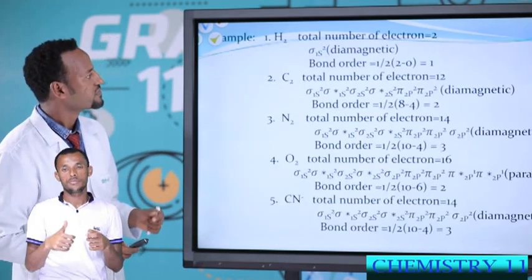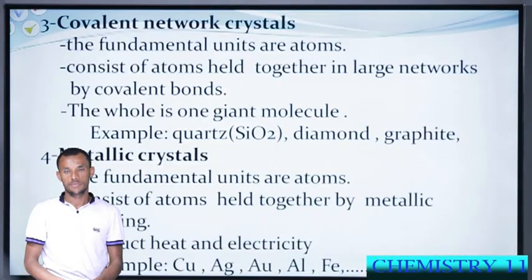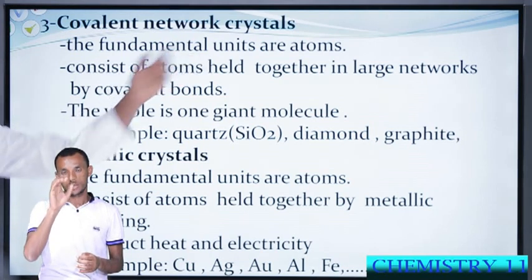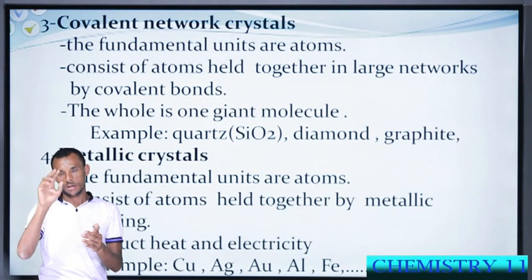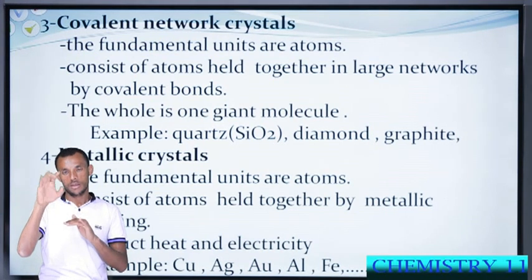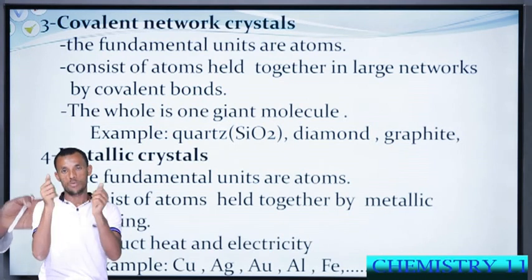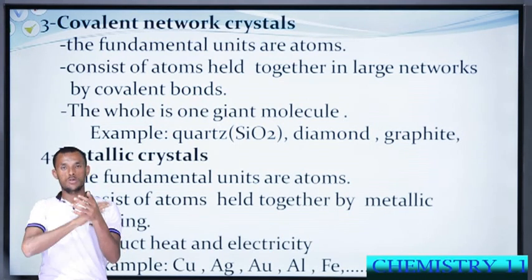The other one is covalent network crystal. In covalent network crystal, the fundamental units are atoms. For example, graphite, diamond, and quartz are covalent network crystals. One atom with another atom is combined by strong covalent bonds.